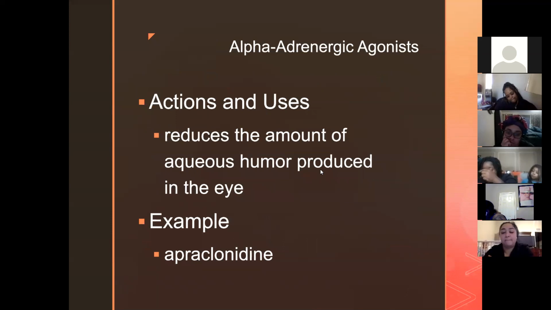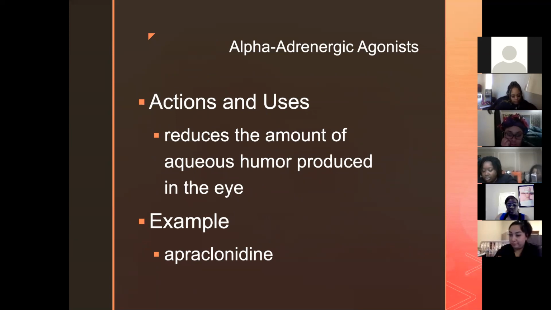All right. Then we have the alpha adrenergic agonists. And these also are going to reduce the amount of aqueous humor that is produced in the eye. An example of this would be apraclonidine. It sounds just like clonidine, which we also give for blood pressure, so you can kind of put those together in that same kind of class.